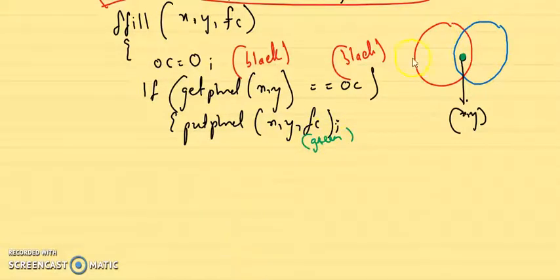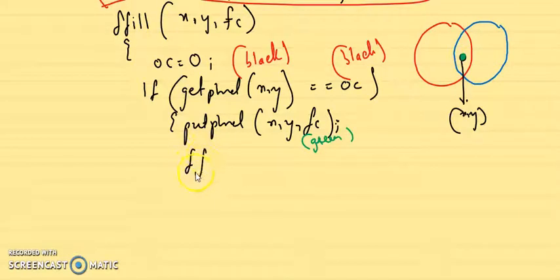Now flood fill eliminates all the disadvantages of boundary fill. That means I'm not going to check against the boundary. I'm just checking whether this pixel is the background pixel or not. So how is my algorithm going to proceed further? How to check the next pixel? Recursion.